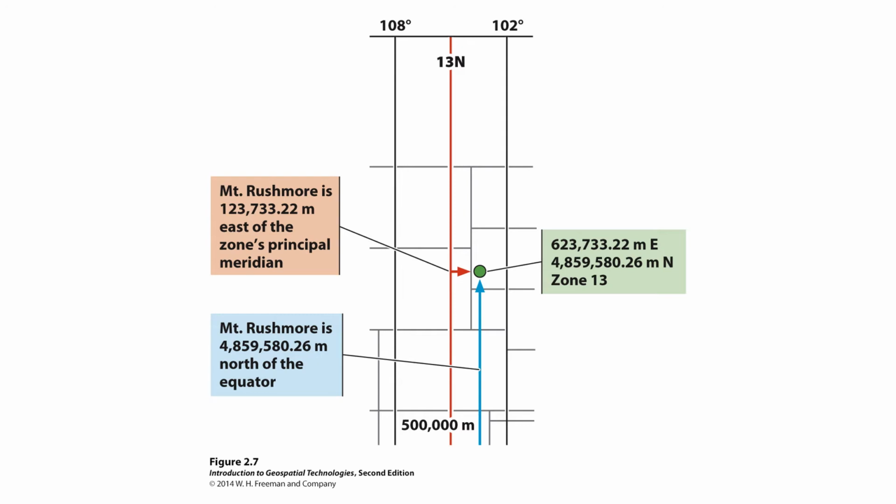That difference being 6 degrees, which is the width of a zone. 13N would be exactly 3 degrees from either side. And then the actual coordinates within that zone are the number of meters to the right and up. And that's all it is to calculate these locations. Right and up.